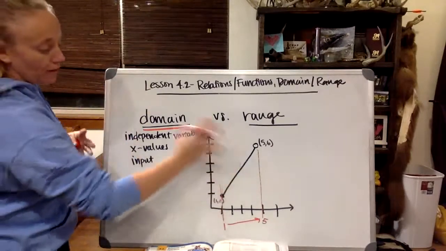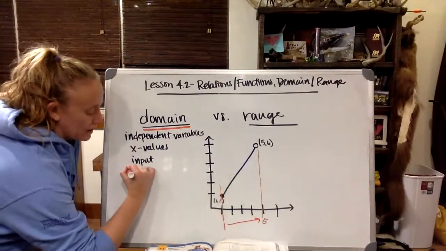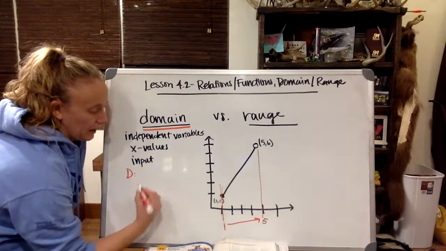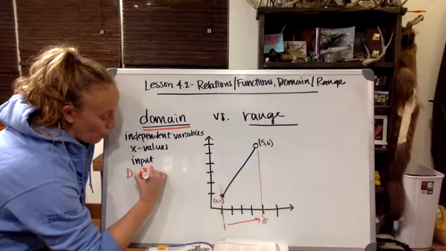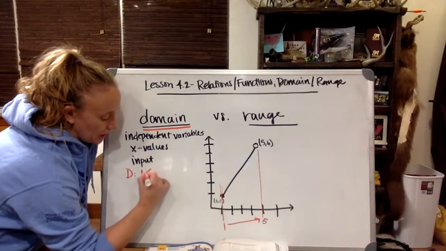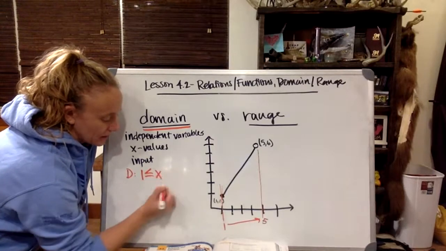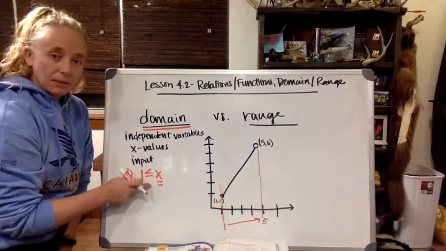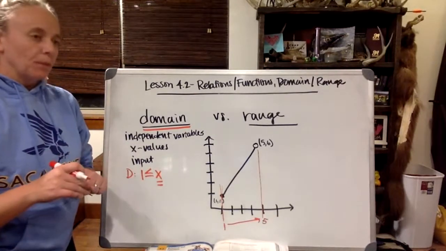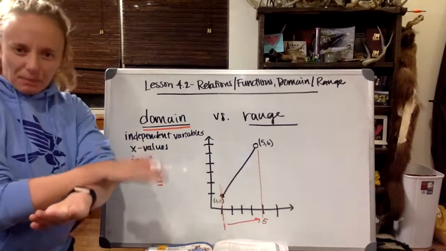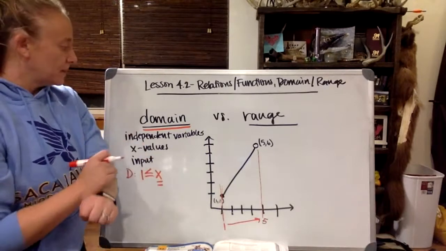I would say the domain is values that range from 1 to 5, and I'd say 1 is less than or equal to x, because domain talks about x, and if we ever want to think about that a little bit more solidly, we know x is on the ground, just like pirates, x is on the ground, y goes up and down.